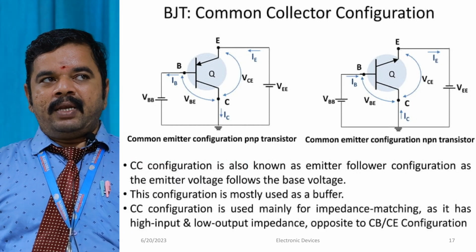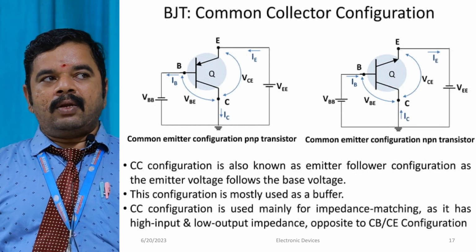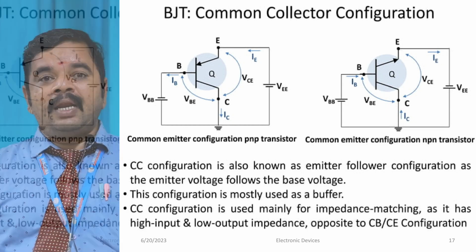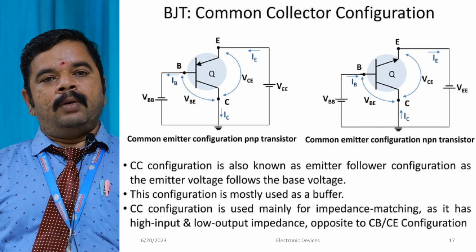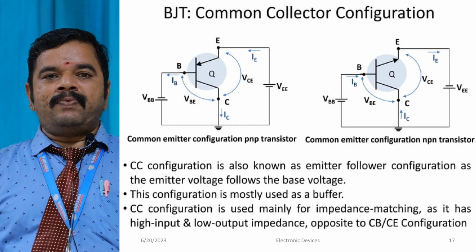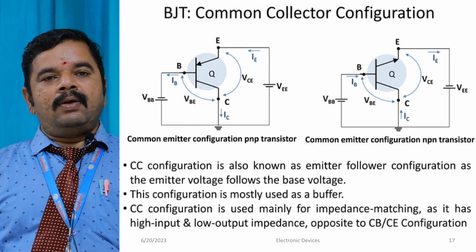Then we go for the next one, the common collector configuration. In the common collector configuration, the collector is the common terminal, the base is the input terminal, and the emitter is the output terminal. Here also there are different types of transistor, PNP as well as NPN, and depending on that we have to draw the curve.